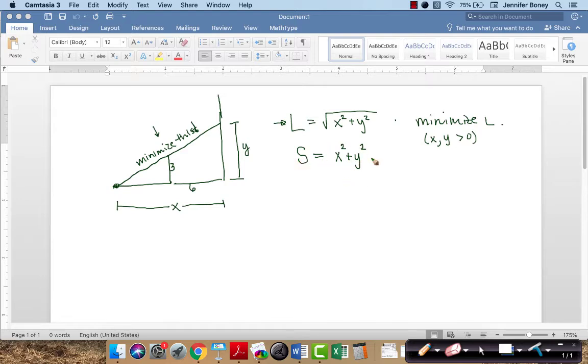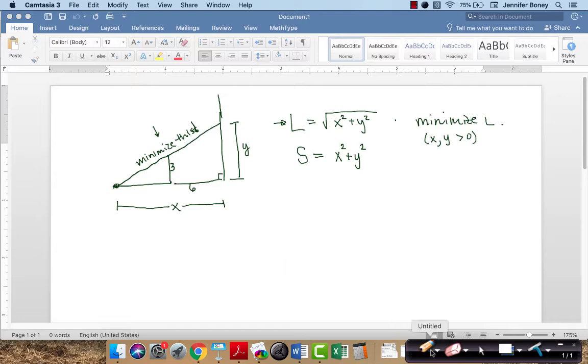Now, I do have to somehow relate x and y. I have to incorporate the fact that the fence is 3 feet tall and is 6 feet away from the house. And how we're going to do that is by utilizing some similar triangles. I think we talked about similar triangles at the end of the last class. In this triangle, from the point on the ground to this right angle, up to this corner that meets on the house, I can see that's a right triangle.